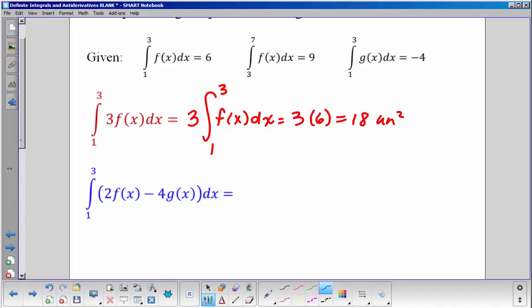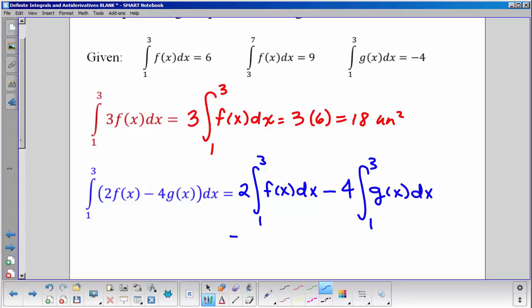So what can we do here? We can split it out and pull out. Okay, so we'll go 2 times the integral from 1 to 3 of f of x dx minus, help me, 4 times the integral from 1 to 3 of g of x dx.